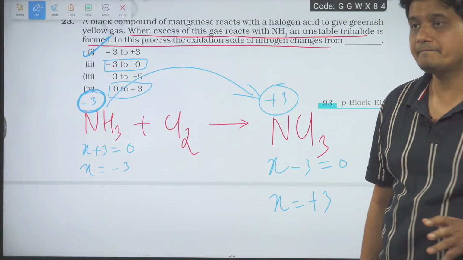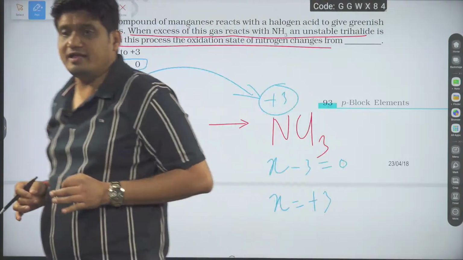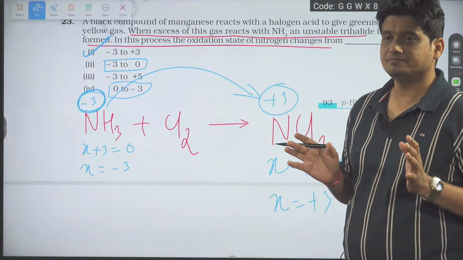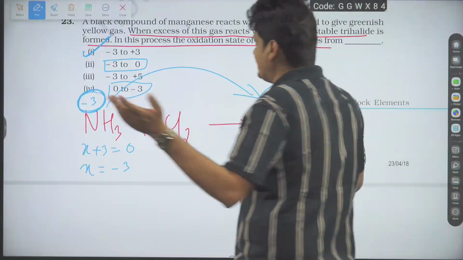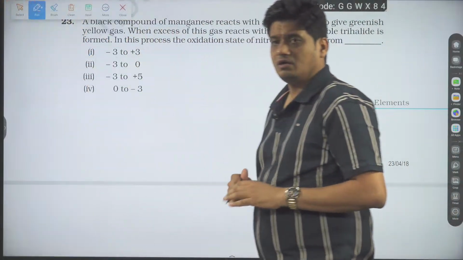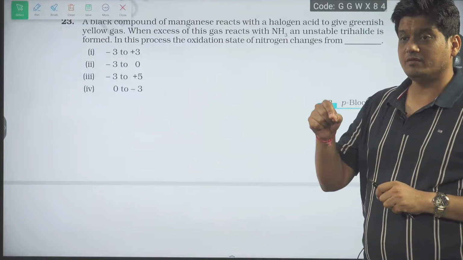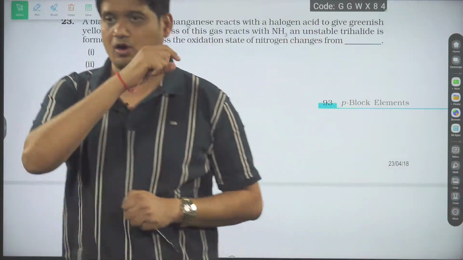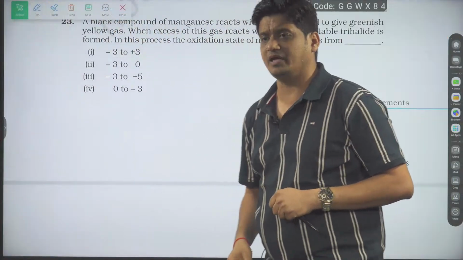Logic is clear? So this kind of clarity I am talking about. And that will get here only. Because in other places they will say NCl3 given in the periodic table, story over. But we are going into minute details also. What they are saying in periodic table, what they are saying in P block, what question they are asking in exemplar.